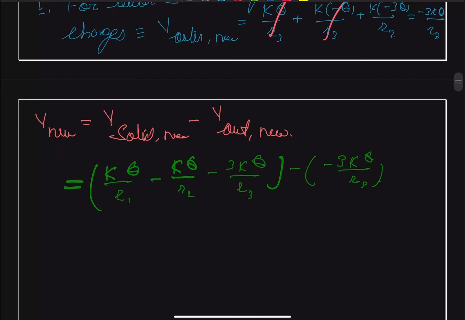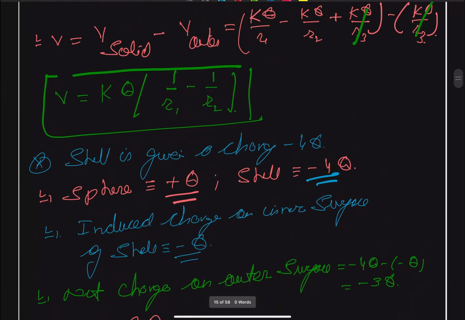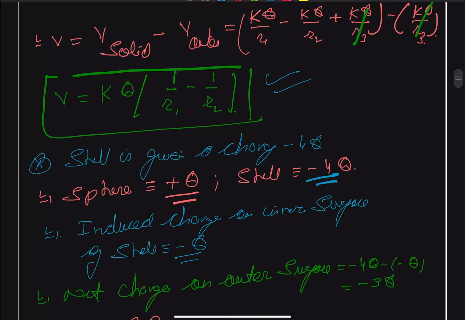So this will be coming as plus, this goes with this, and we are left with only, we can take kq as common, so this comes 1 upon r1 minus 1 upon r2, and this is same as that of our V, okay, because we just calculated this here.